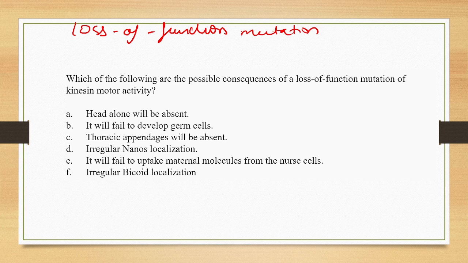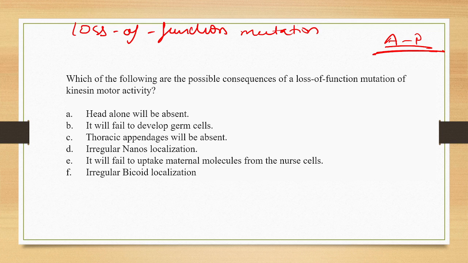Now, when kinesin is mutated, then what will happen? Anterior posterior axis formation would be slowed down. But to say that only head alone would be absent might not be true, because its mutation does not specifically lead to the absence of head alone. Mutation can lead to some more circumstances.